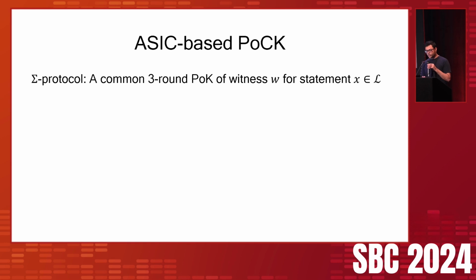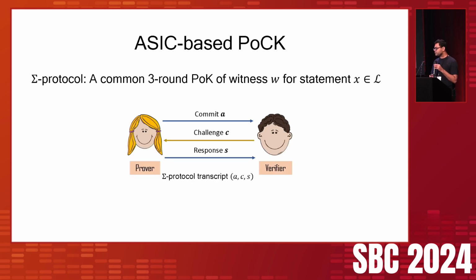So let me describe a little bit about this protocol. First, for background, I'll describe Sigma protocols, which are a common three-round proof of knowledge of some witness W for a statement X belonging to some language.